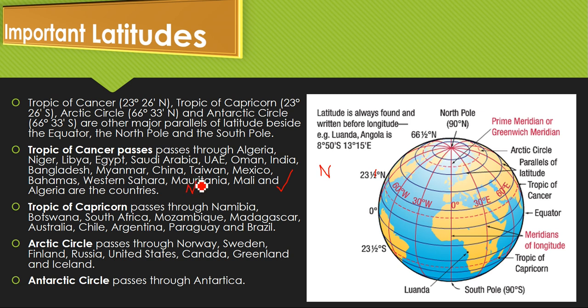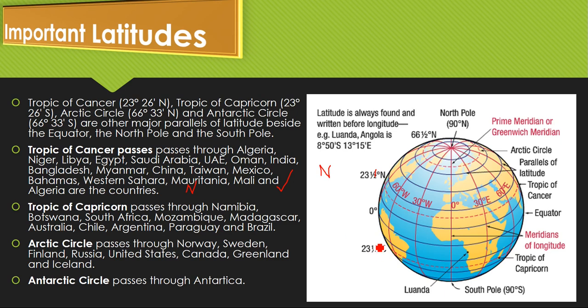Let's move on to the next one, that is Tropic of Capricorn. Tropic of Capricorn passes through Namibia, Botswana, South Africa, Mozambique, Madagascar, Australia, Chile, Argentina, Paraguay, and Brazil. It doesn't pass through India because India is located in the northern hemisphere.